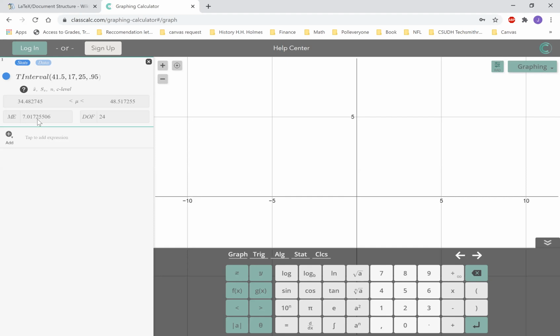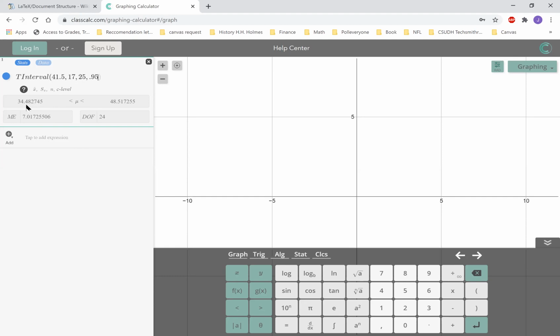Just remember, when this calculator finds the t value, it's using the entire t value, whereas we only use 2.06. That's why our answer and this answer are slightly off, because of rounding. But you can always look at this answer and see if your answer is pretty close.